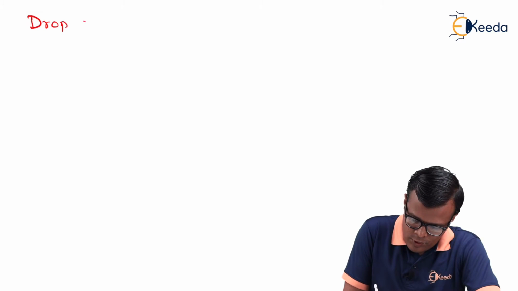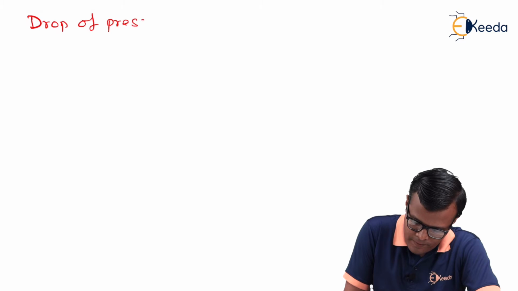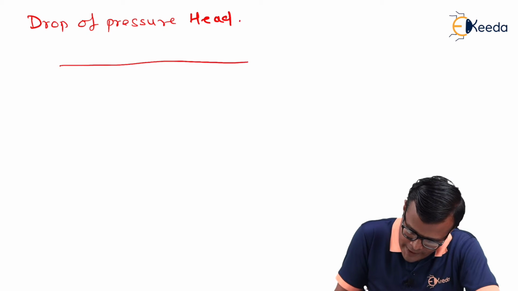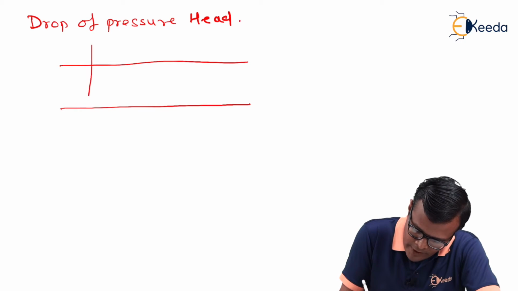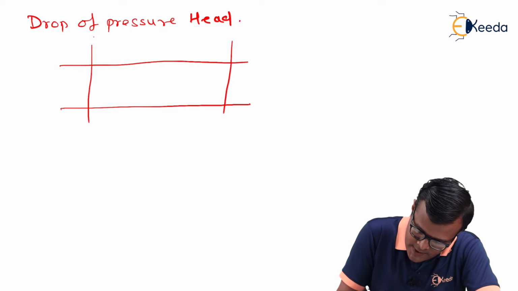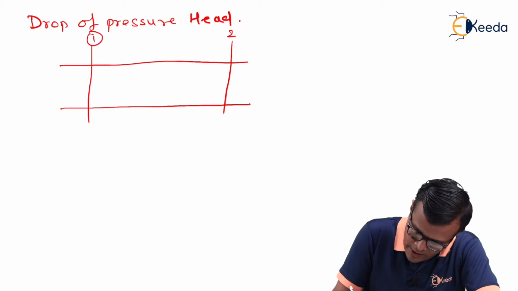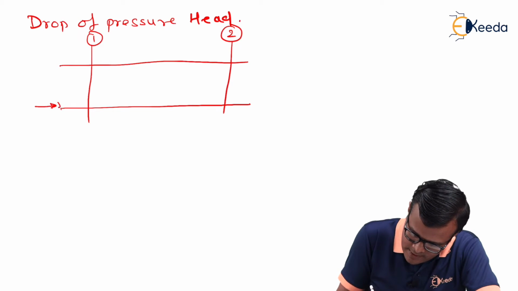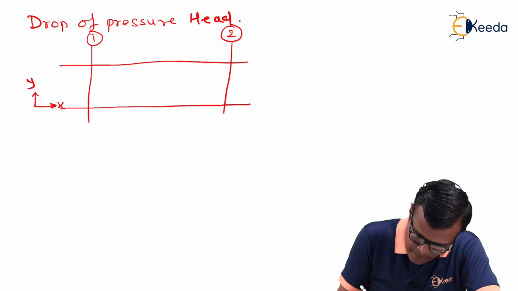Now we are going to consider the drop in pressure with respect to the distance, that is horizontal distance x. So for that purpose, drop of pressure head can be calculated by considering two plates having two different cross sections, say cross section 1 and cross section 2. Reference axis is, this is x and this is y.